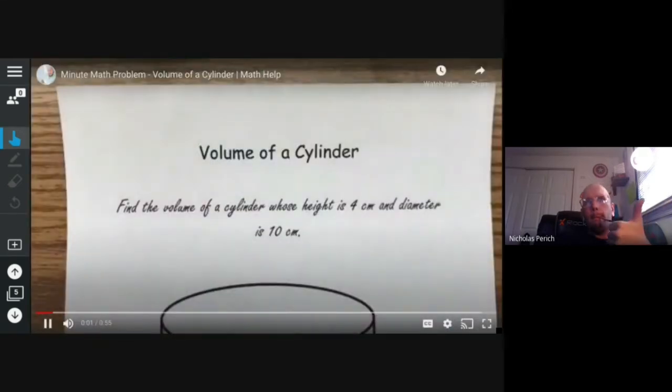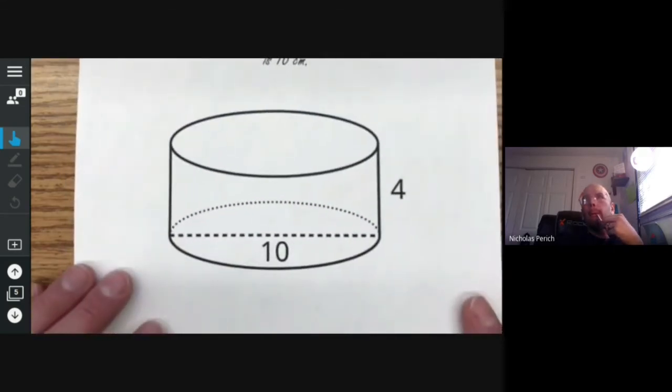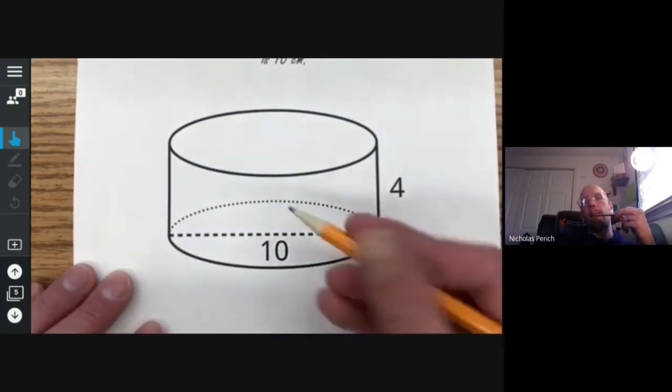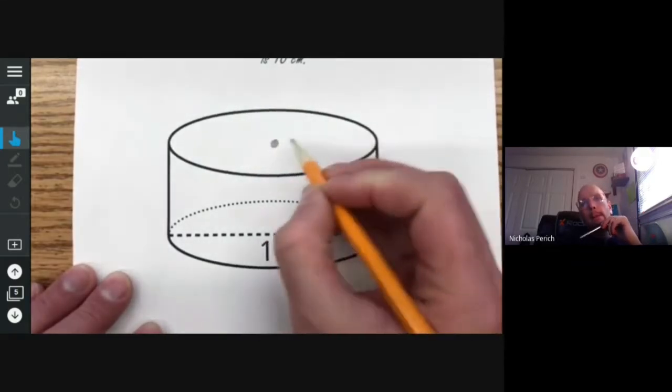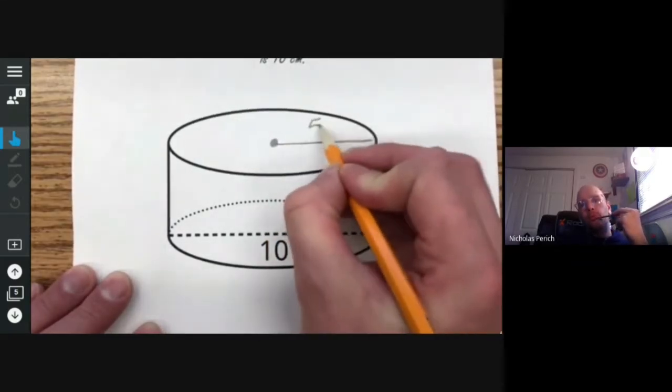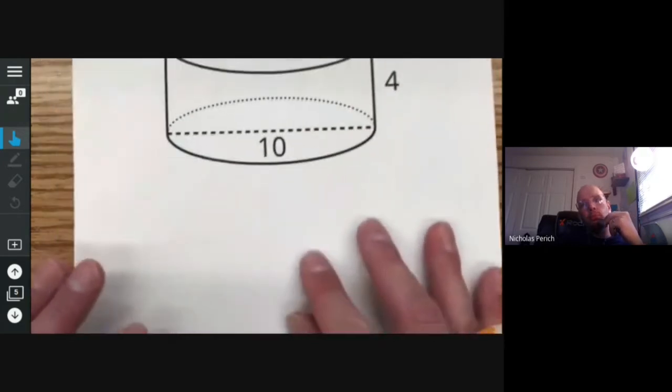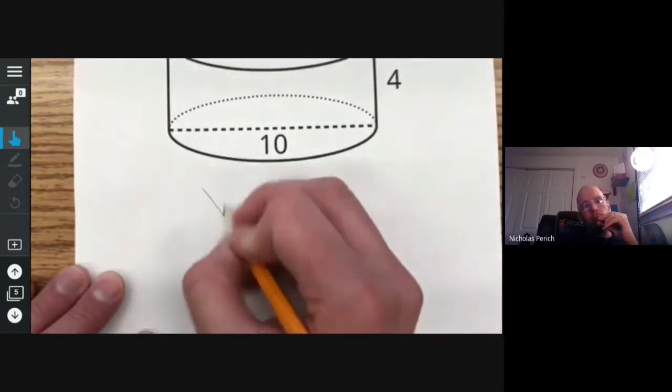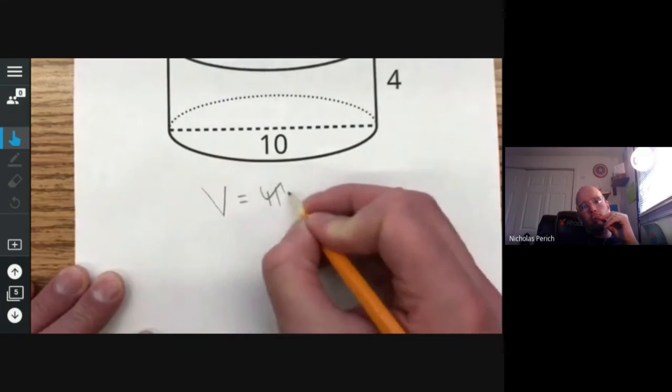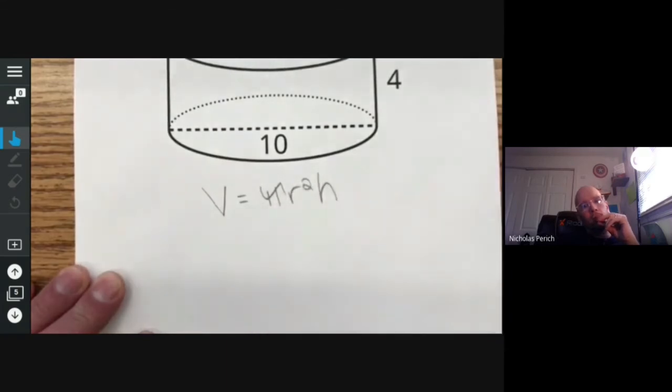Find the volume of a cylinder whose height is 4 centimeters and diameter is 10 centimeters. So I really don't care about the diameter too much. I care about the radius. Remember, radius is half of diameter, so half of 10 is 5. My formula for volume is V equals pi r for radius squared h for height.